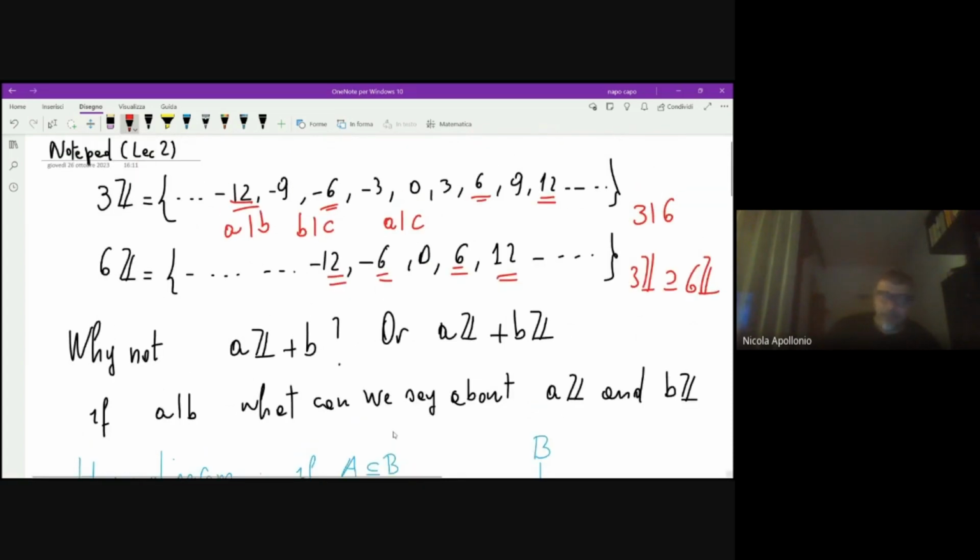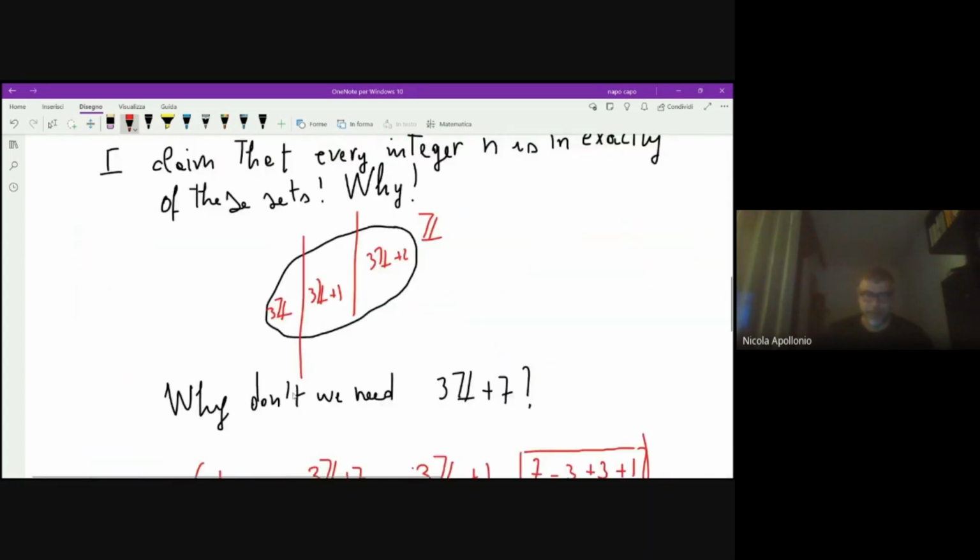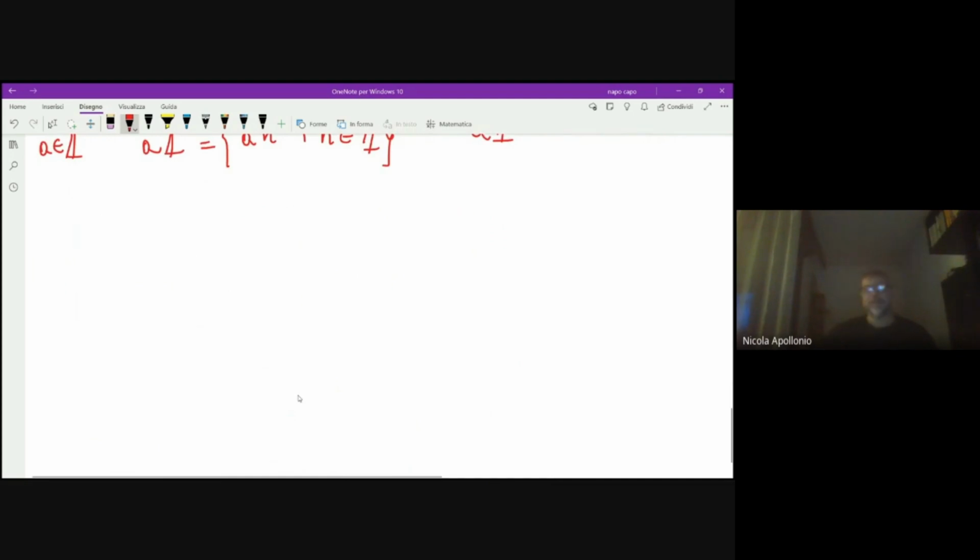We can do something more with these sets. We can complicate things, but we complicate things with the target in mind, because we want to do algebra on these sets. So we have seen aZ. Why not aZ plus b, which is a possible meaning of this set?